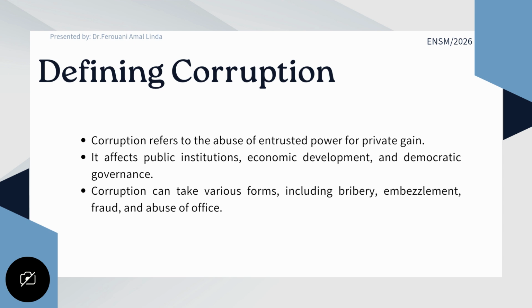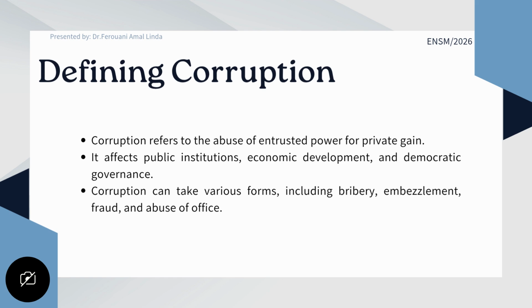It affects both the public and private sectors and may take various forms, including bribery, embezzlement, fraud, abuse of office, and illicit enrichment. Beyond its legal dimension, corruption has significant economic, social, and political consequences. It weakens public institutions, undermines citizens' trust, and hinders sustainable development.